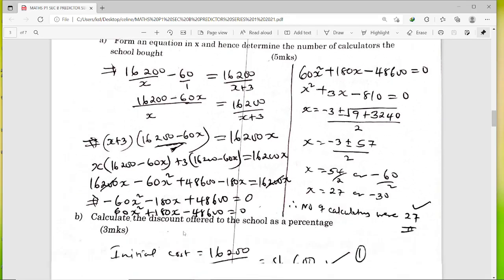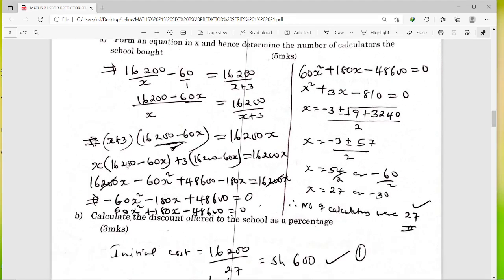So if I expand this, X into all of this plus 3 into all of this, you open the bracket and you will find 16,200X, minus 60X squared, then plus 3 times this gives you 48,600. Then minus 3 times 60 gives 180X, equals 16,200X.